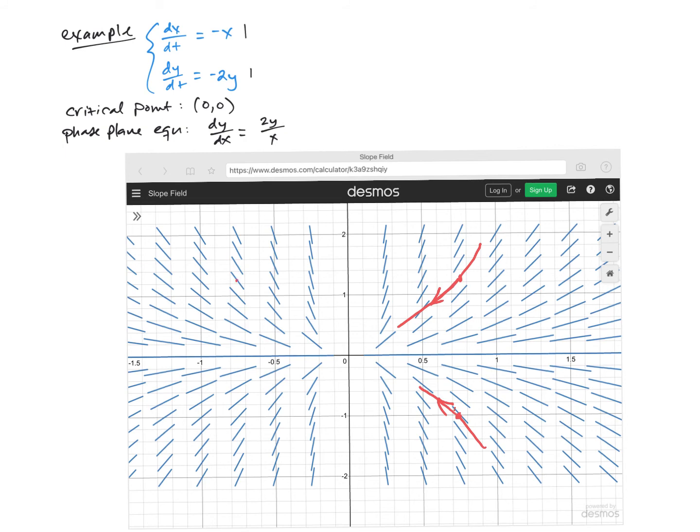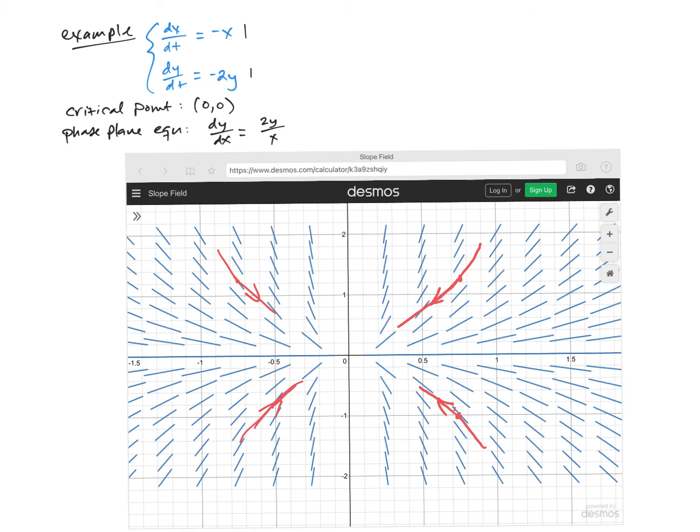And then over here too, y is positive, and so dy/dt is negative, so we're going down. And then over here, if we have our trajectories, we're going to be going up because y is negative and x is negative, which means that both dx/dt and dy/dt are positive, so we're going up and to the right.